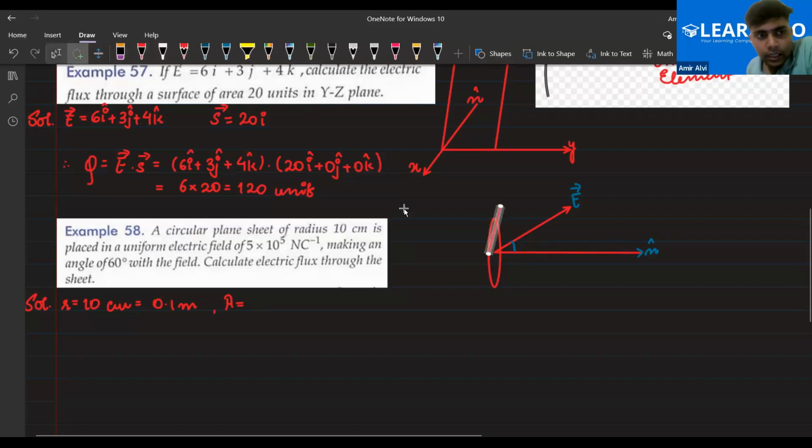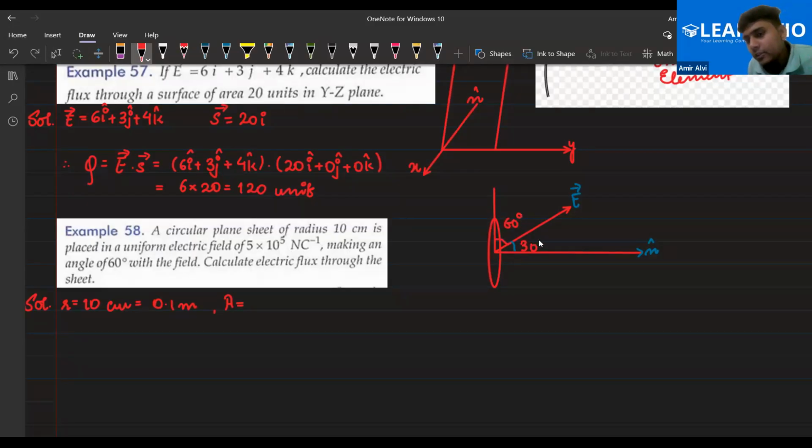If you take a line passing like this, this is the plane surface, and this is the 60 degrees. Okay, I just wrote it mistakenly. Read the question again. So this is 60. So Abhyas, in total it's 90 degrees, so this angle would be 30 degrees. Is it so? Yes or no? So the angle between the electric field and the area vector is 30 degrees.